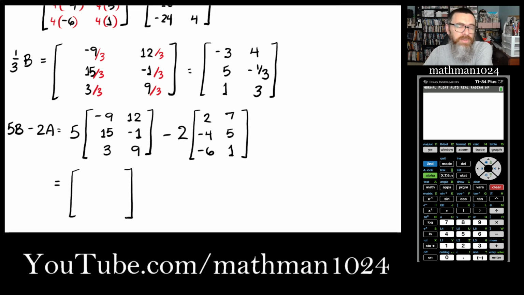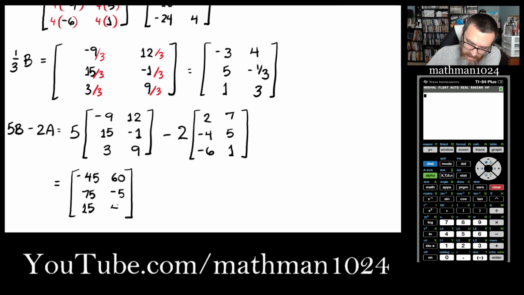So multiply everything in the first matrix by 5. So we have negative 45, 60, 75, and negative 5. And then 15 and 45.